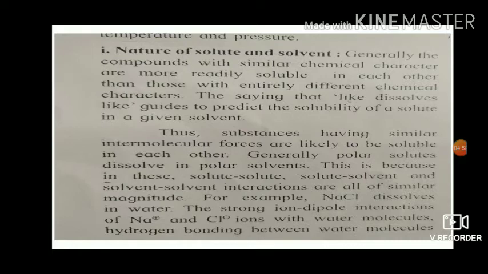Substances having similar intermolecular forces are likely to be soluble in each other. Generally, polar solutes dissolve in polar solvents. This is because the solute-solute, solute-solvent and solvent-solvent interactions are all of similar magnitude.